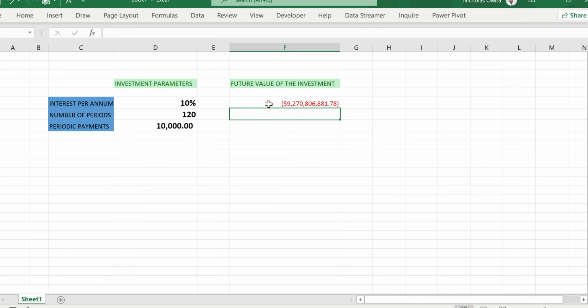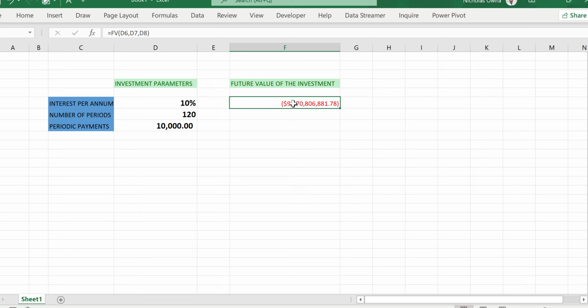You can see we have gotten a very weird value, but we are going to explain. First, this value is weird because it is negative, showing that there are some losses. Second, the value is very, very big.